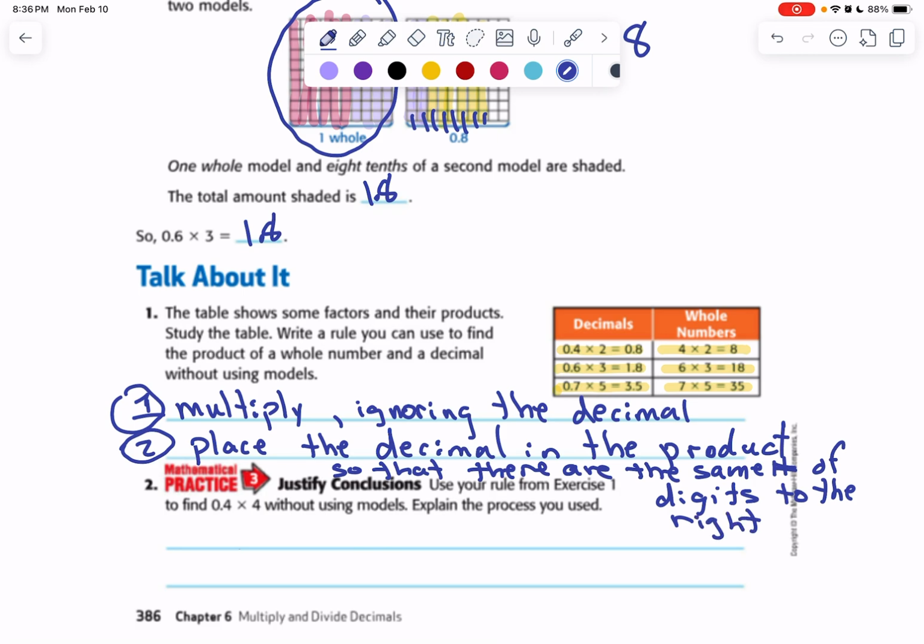All right? So could we use the rule to find 4/10 times 4?